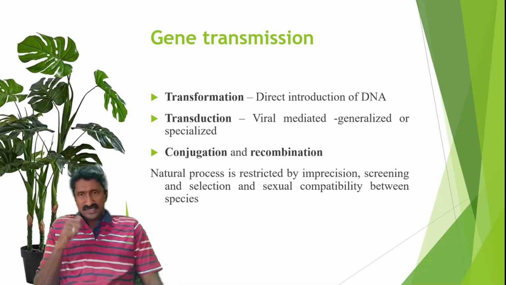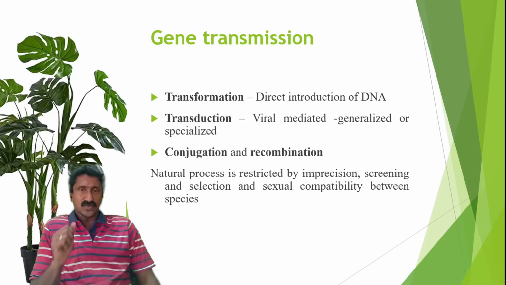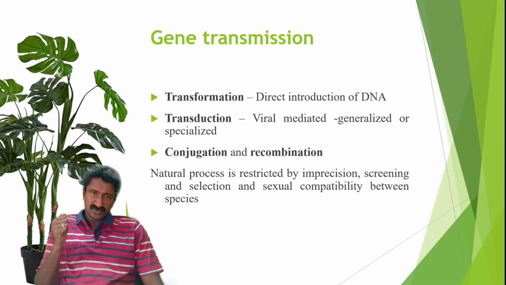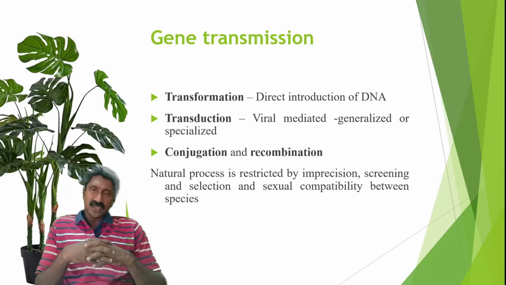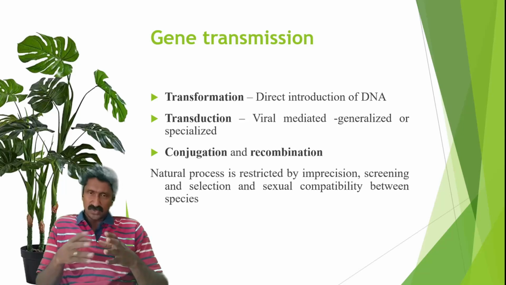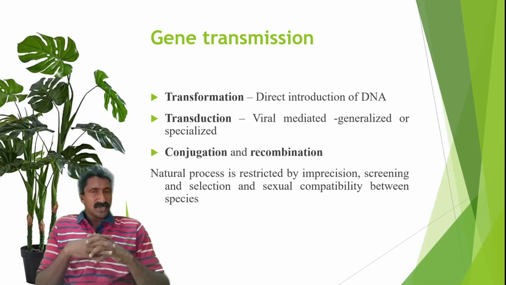And another one is transduction. Transduction is a viral mediated transfer of a DNA or genetic element. There is a generalized transduction and specialized transduction. That's also some of the basic concepts that are already known to you. Now there is conjugation and recombination.